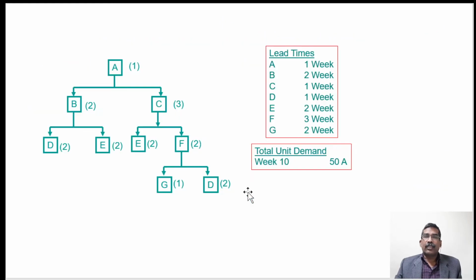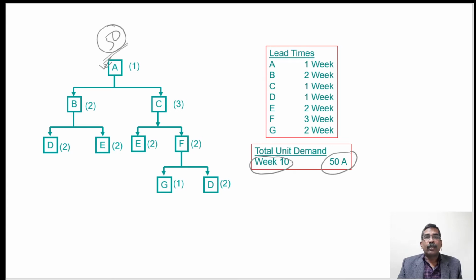Now in this slide we can see the total number of items required for A. This is 50 items, and the time given is 10 weeks, and there is demand of the sound system A, that is 50 is the volume, the number of items A required in the 10th week.